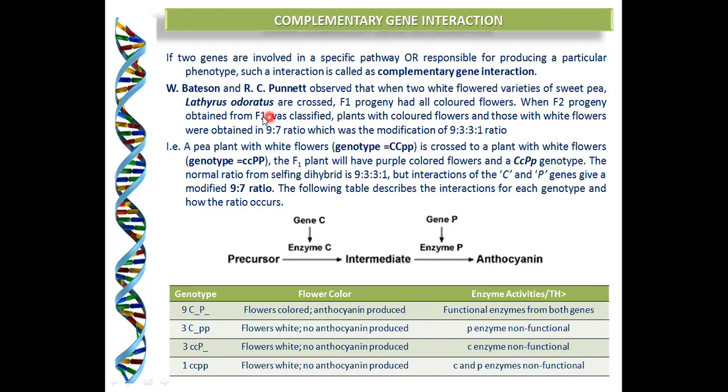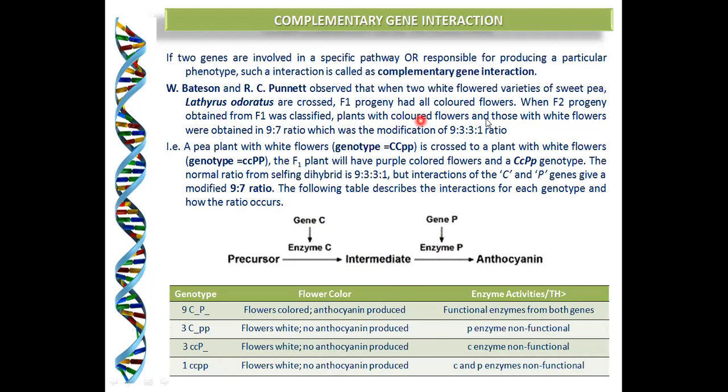When the F2 progeny was obtained from F1, plants with colored flowers and those with white flowers were obtained in a 9:7 ratio. So this was the modification of the 9:3:3:1 ratio, which is the ratio of a dihybrid cross.